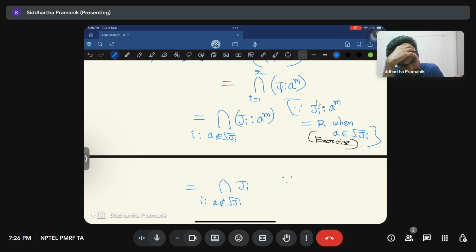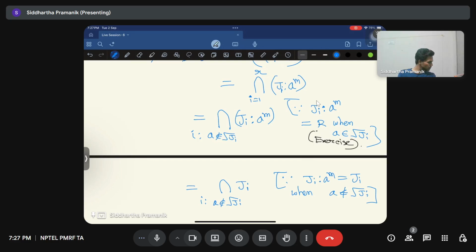This is because Ji colon a power m is the same as Ji when a does not belong to the radical of Ji, and since Ji are primary ideals, that is the reason. This also you can check.